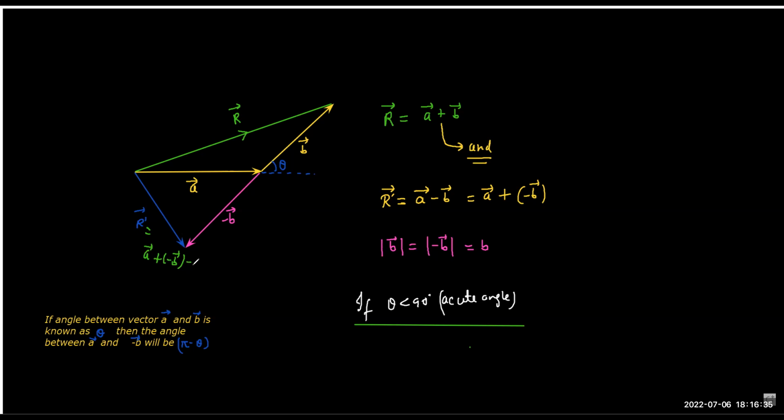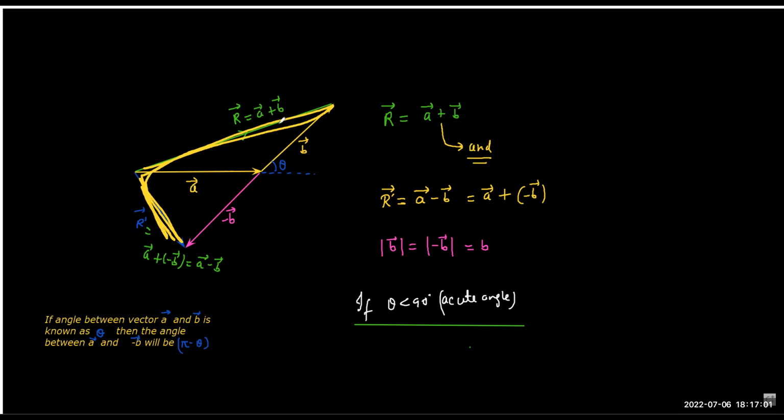Which we can also write as A minus B. And R is the resultant of A and B, right? So which magnitude is bigger, R or R dash? R is bigger lengthwise, you can see clearly. So we all can see that this length is bigger than this length, right?